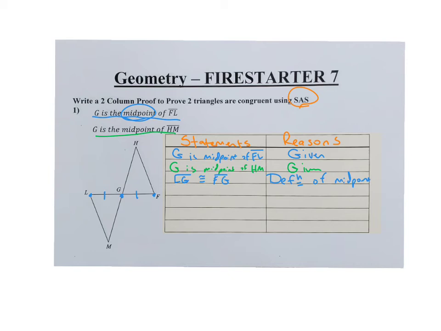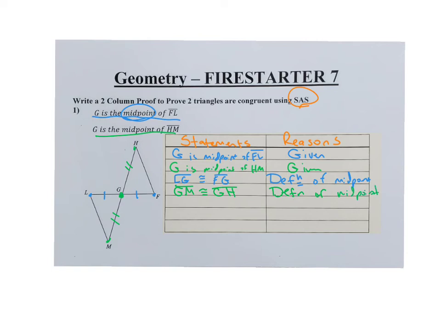And then G is also the midpoint of HM, so that means this guy is congruent to this guy. That means I get to write down MG is congruent to GH. Once again, same thing, definition of midpoint.